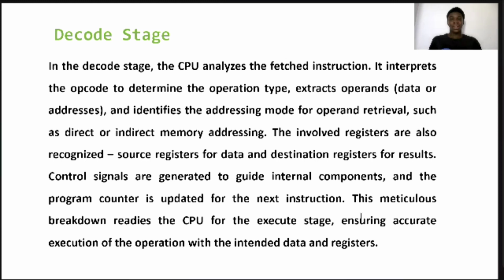This is where the CPU will know how it's supposed to execute this, the operation type, the exact thing it is to do. So it prepares everything for the CPU and breaks down every instruction very well for the CPU to execute it.